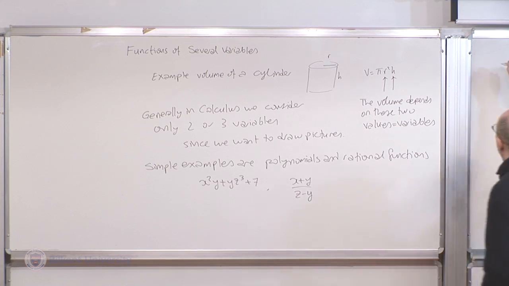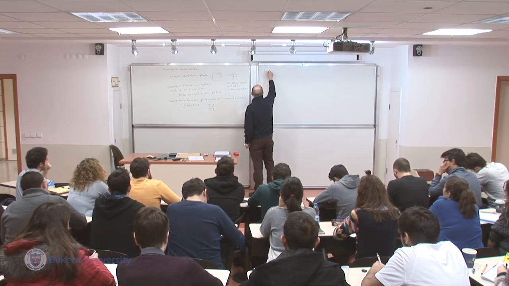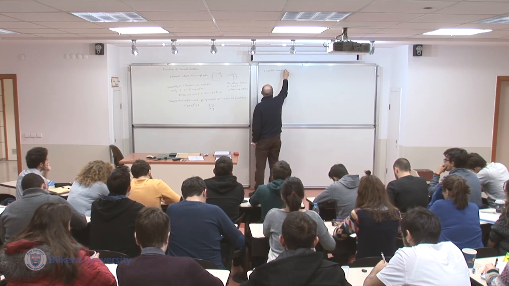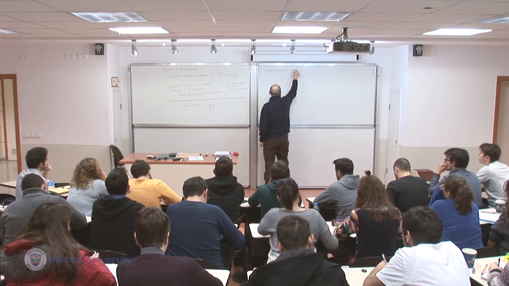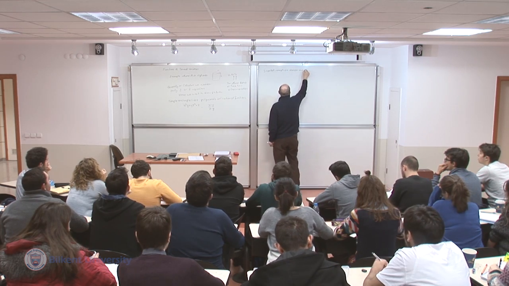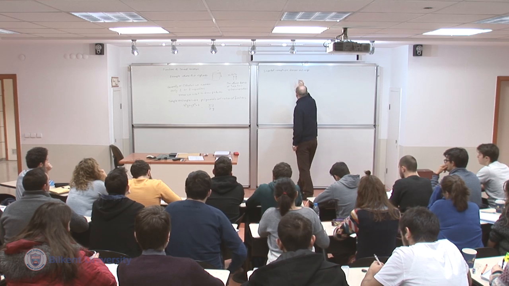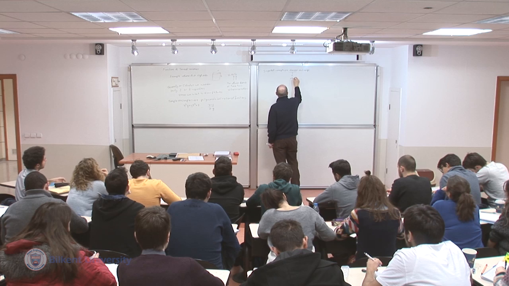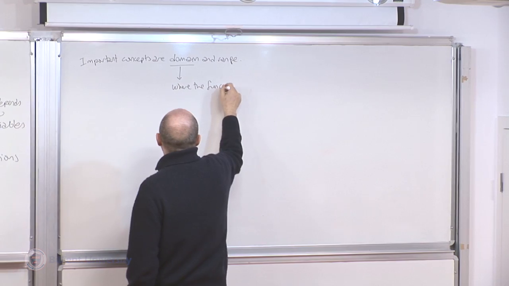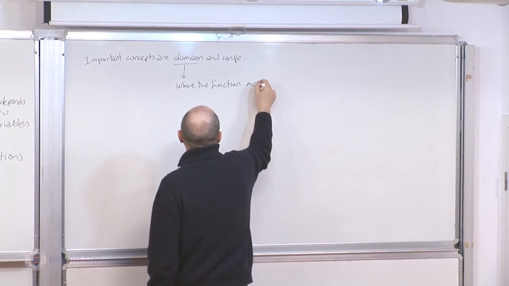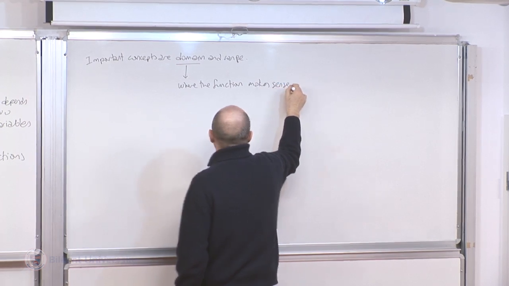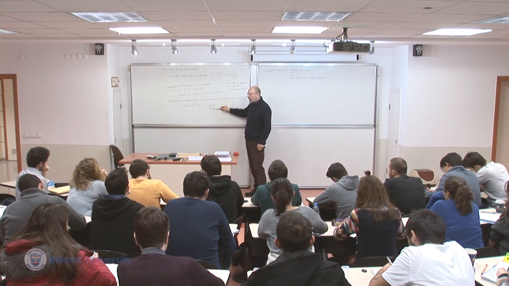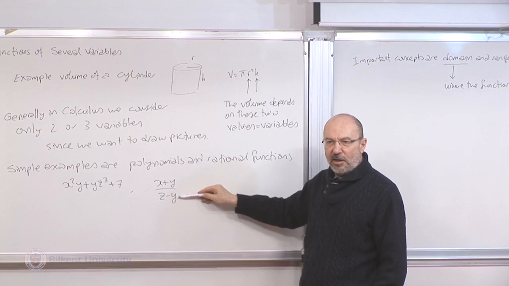The important concepts are domain and range. Domain is more important. This is where the function makes sense. For example, this function makes sense when z minus y is different than 0.